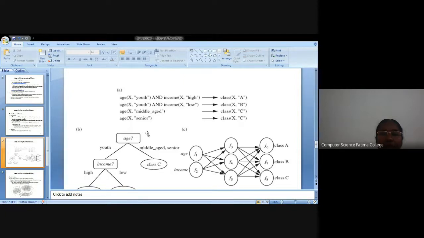The age attribute is tested at the node, and the age may be youth, middle aged, or senior. If it is youth, then we check his income with another attribute at another node.